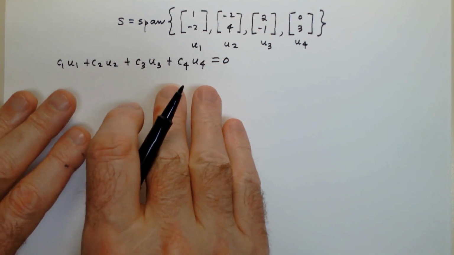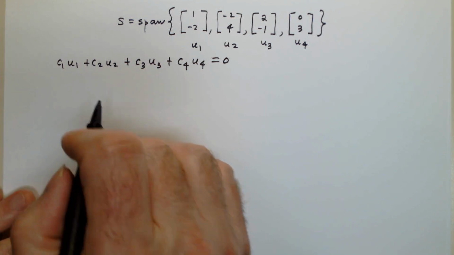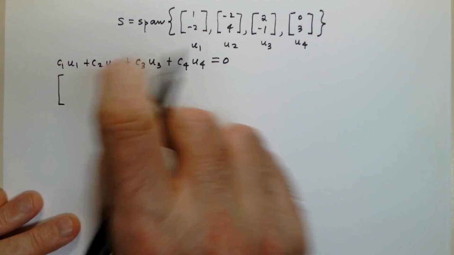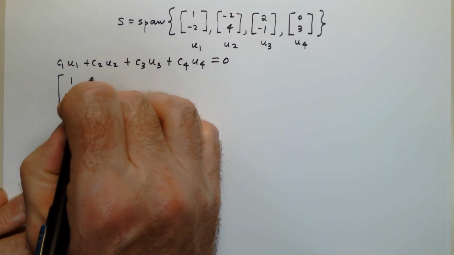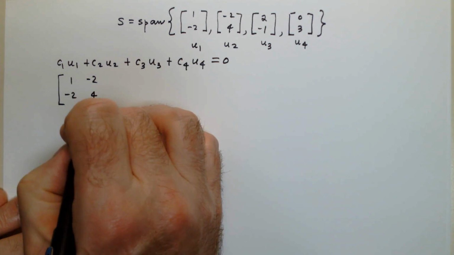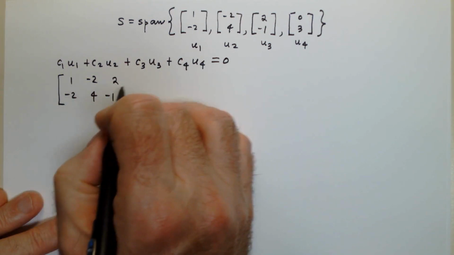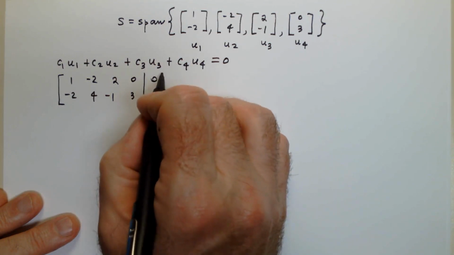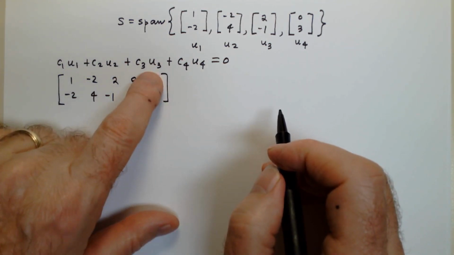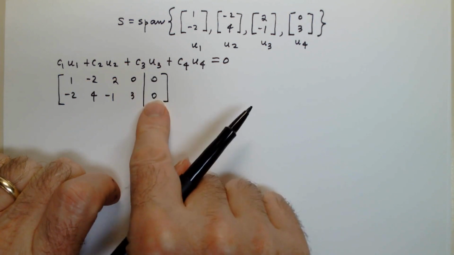Now we know that this can be presented as an augmented matrix where I simply feed these vectors in as the columns. And the column of constants here will correspond to this zero vector.